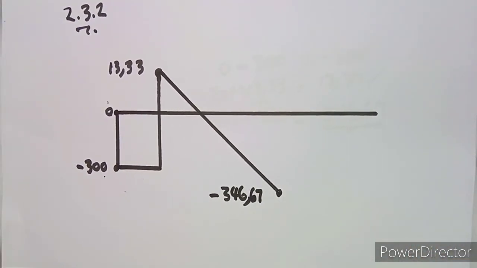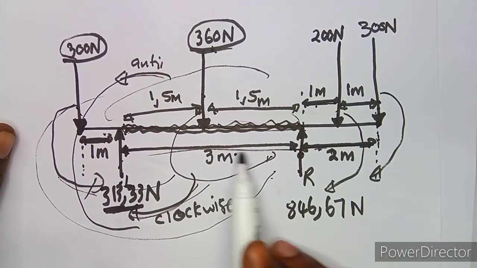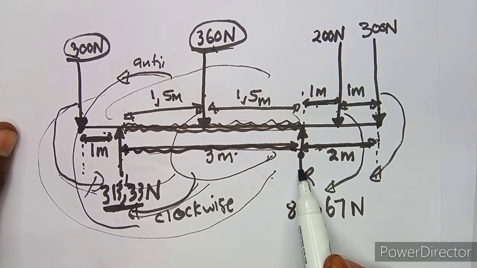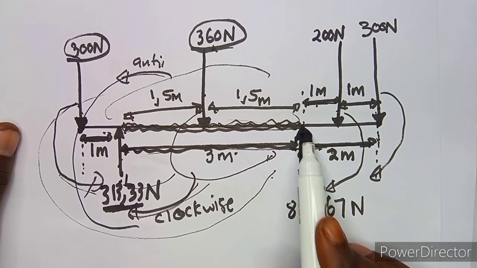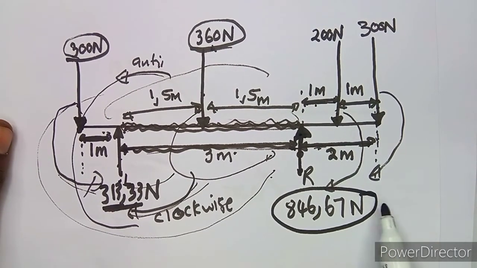Okay, what happened at this point? Let's see what happened after this. Just after the distributed load, there is a support R which is going upwards, and we said anything that goes upwards is positive. So we are going to add this to where we are now.